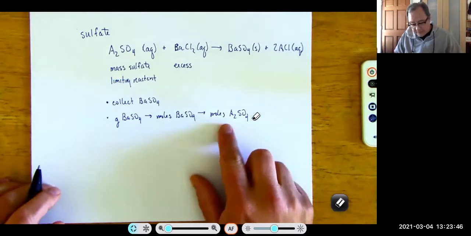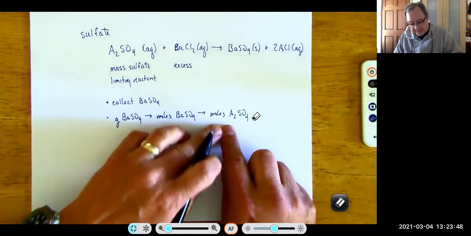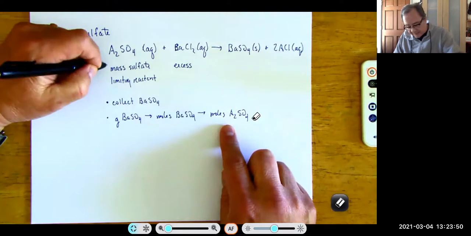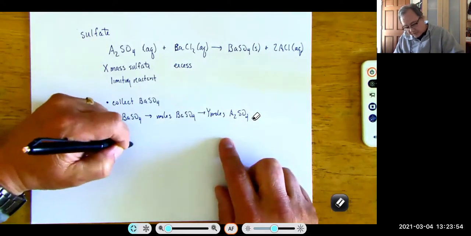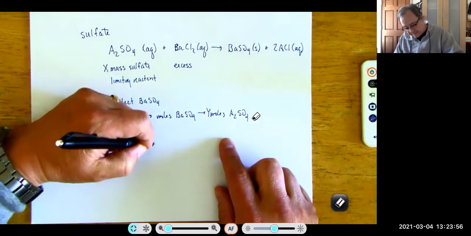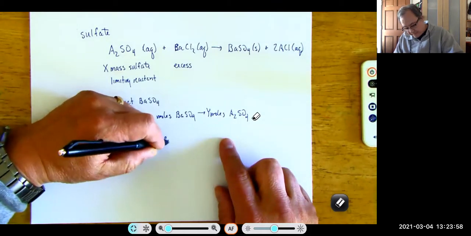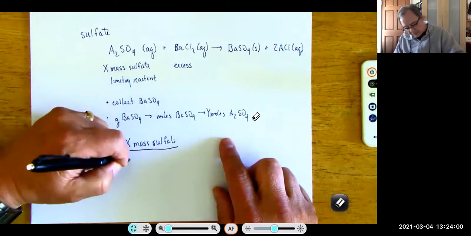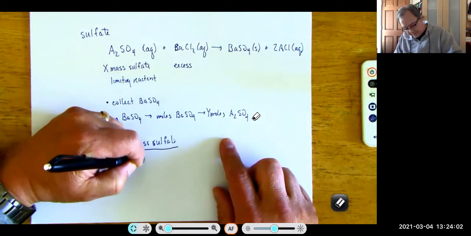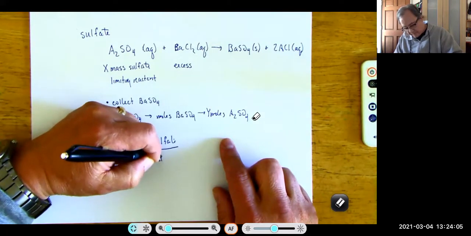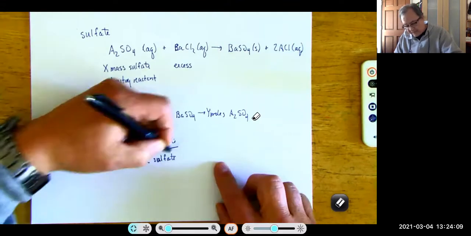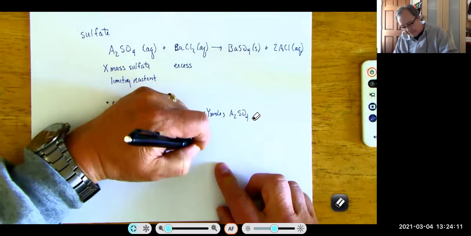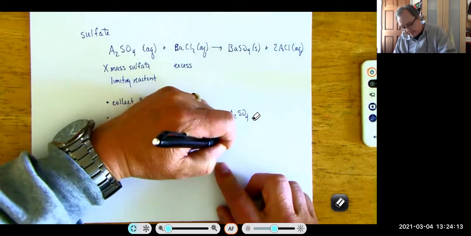You take this number here, the moles of the sulfate, and the mass of the sulfate. So I'm going to call this X, and I'm going to call this Y. So you take your mass of your sulfate, you divide it by the moles of your sulfate, and this gives you the molar mass of your sulfate.